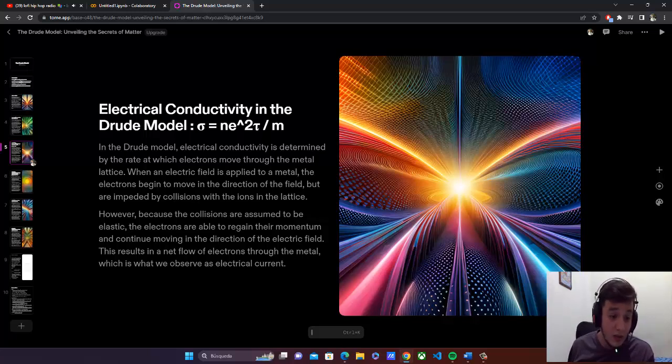On the other hand, low conductivity indicates greater difficulty in electron movement and lower electrical conduction capacity. The Drude model allows for analysis of how different factors affect electrical conductivity.